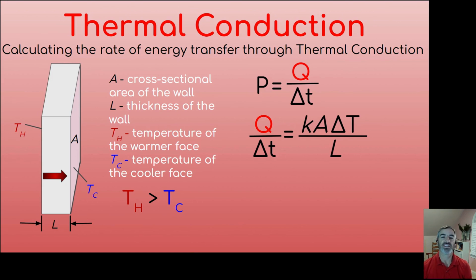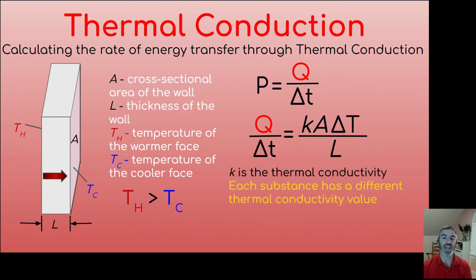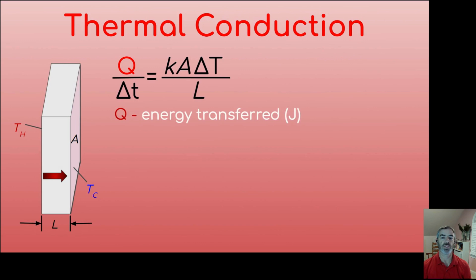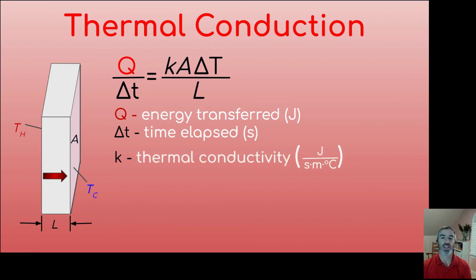We're going to call that constant k, and that k value is actually called the thermal conductivity of that substance. Each substance has a different thermal conductivity value. If we look at our variables and what each thing means, Q is the energy transferred in joules, delta t is the time that's elapsed, k is the thermal conductivity, and that unit is joules per second meter degrees Celsius.